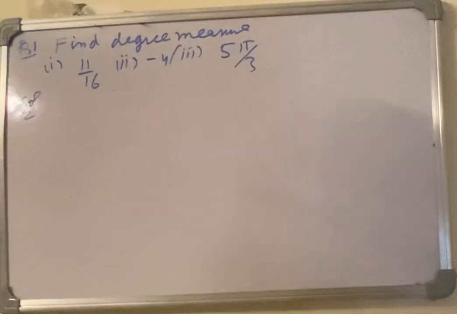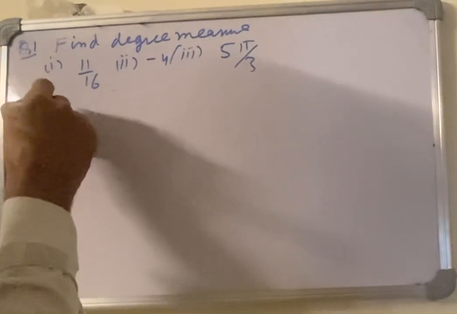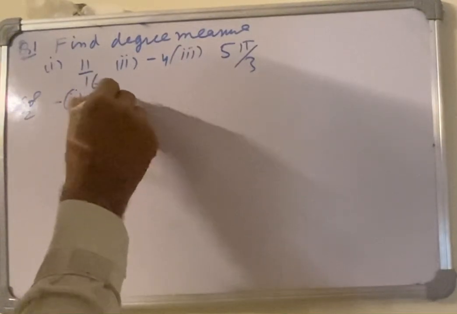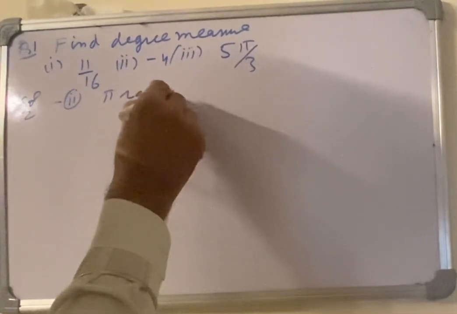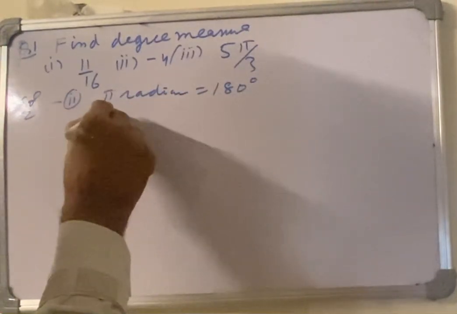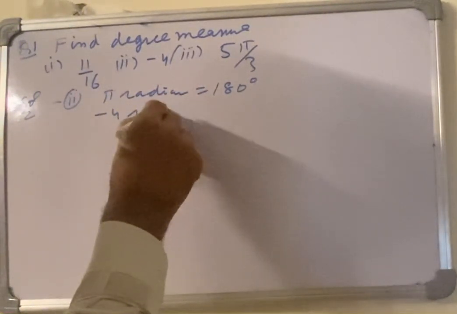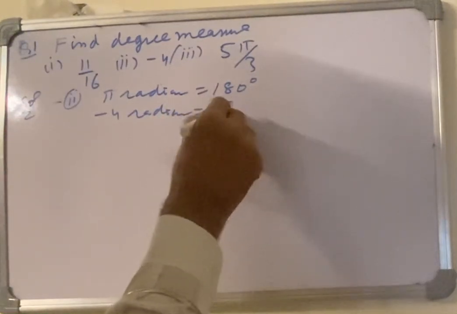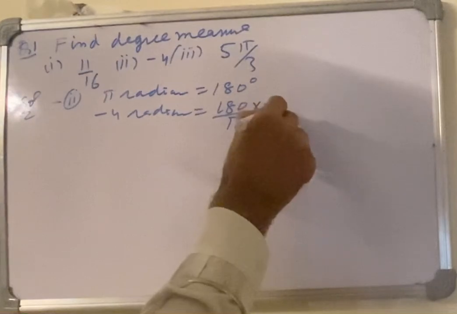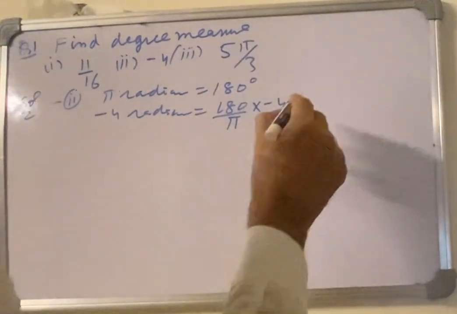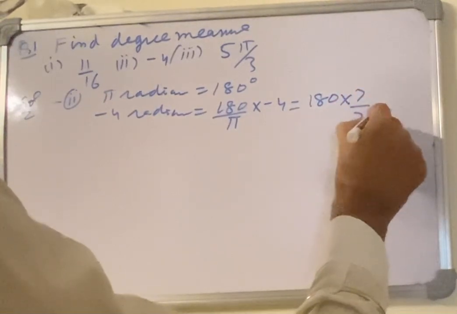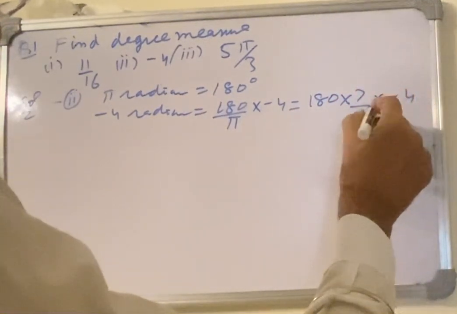Second part, -4 radian. Pi radian is equal to 180 degree. -4 radian is equal to 180 over pi into -4, which is 180 into 7/22 into -4.